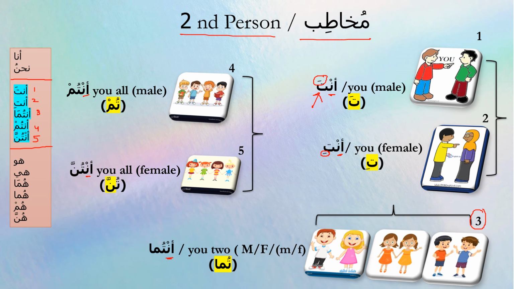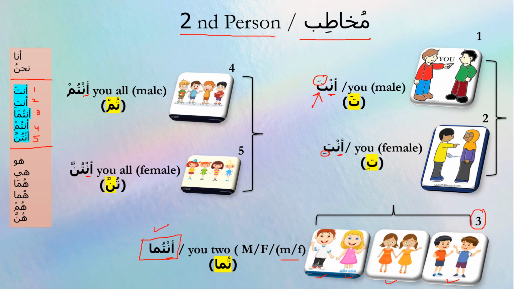And since this is the dual, antuma, this pronoun is used for male, female, and male and female both. Here female and male together, or females together, or two males together. So it can be used for all three categories. And why is this single pronoun used for all these three categories?